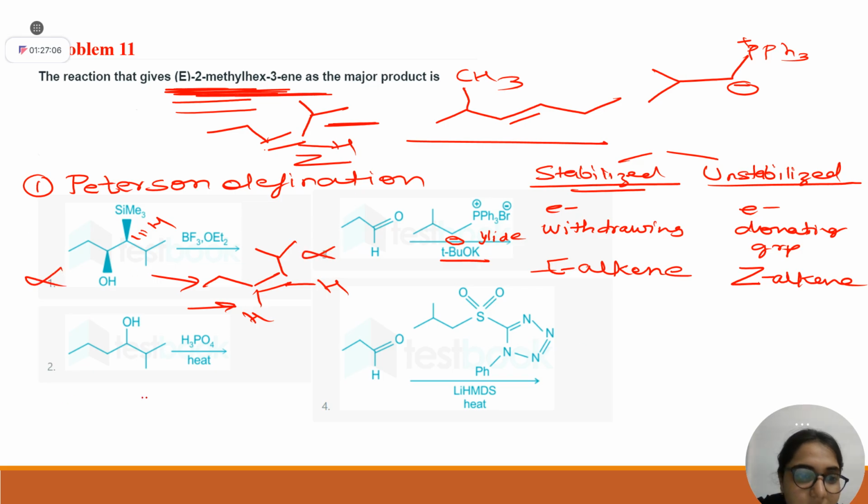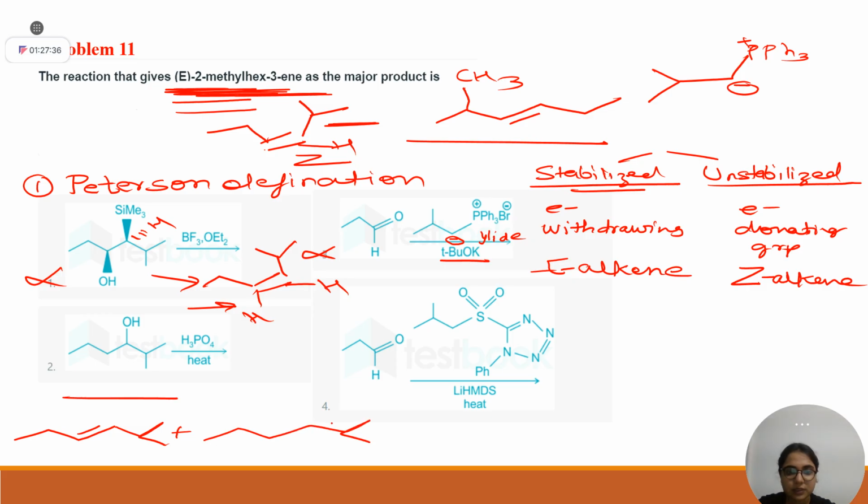Third is eliminated. What about the second, students? Very easy. In the second option, it will protonate, positive charge, and elimination will take place. But will it give me this alkene as a major product? No. Two possibilities are there. The carbocation can do elimination from this side, plus elimination from this side.